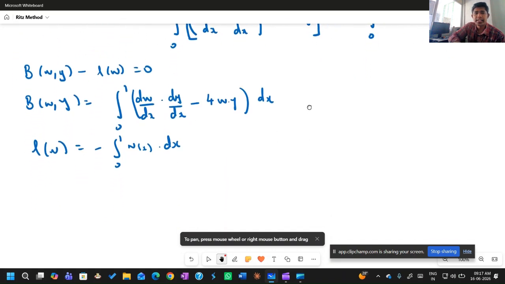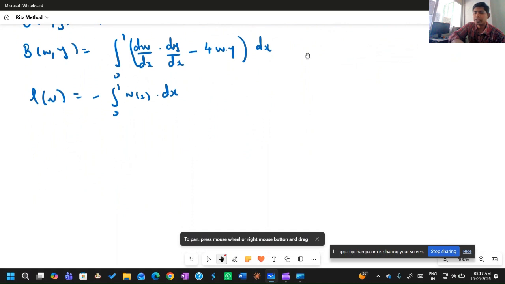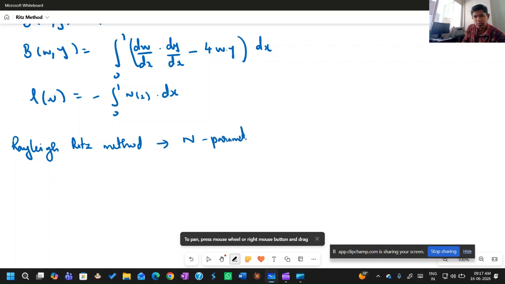The Rayleigh-Ritz method operates on an n parameter solution to the weak form equation, that is B of w, y minus L of w equal to 0.